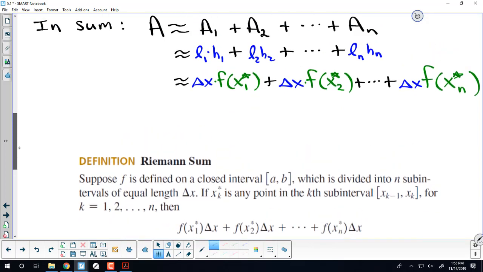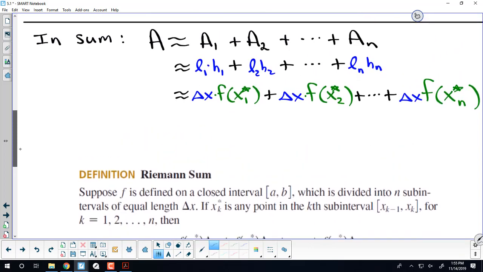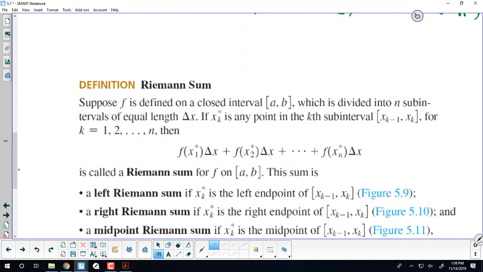So this idea that we're talking about, how to approximate an area, is called a Riemann sum. Some guy's last name. And so we're just going to redefine the area in that sense.